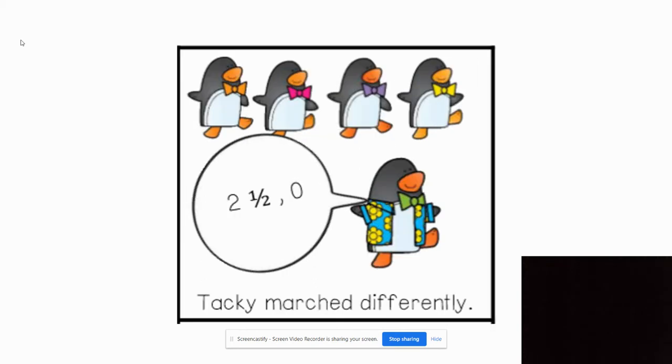Your second one looks like this. Tacky marched differently. Remember, he didn't even count in order from 0 and up. He said 2, 1/2, 0. He jumped all over the place. So find this picture and glue it on your number 2 or glue it after your first one.